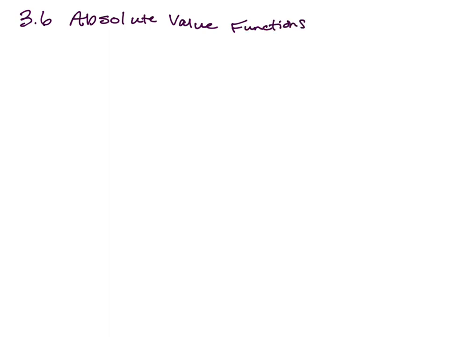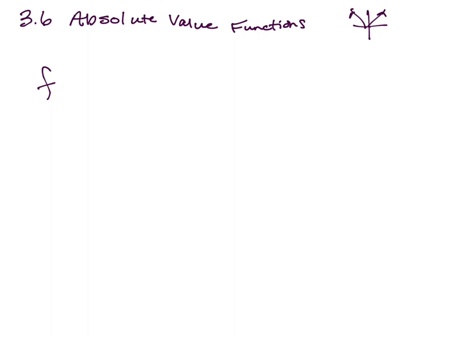And what you know about these is that they make the V. This is your toolkit function. They make a V. V for value. One fun fact about absolute value functions is they can often be graphed as a piecewise function.